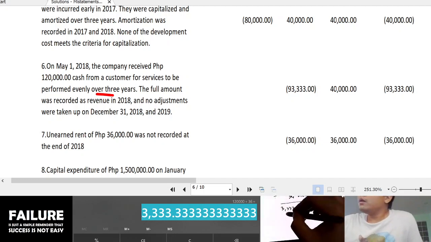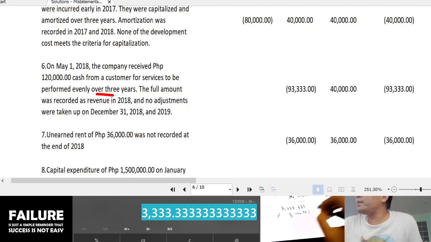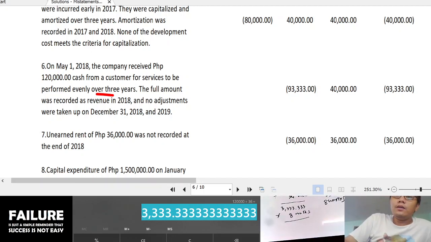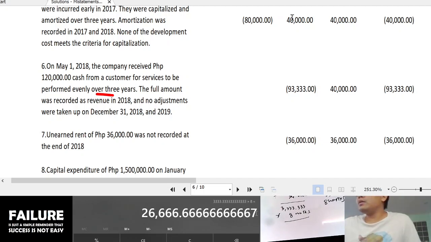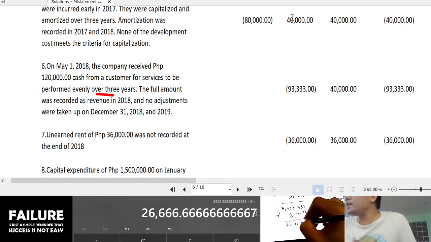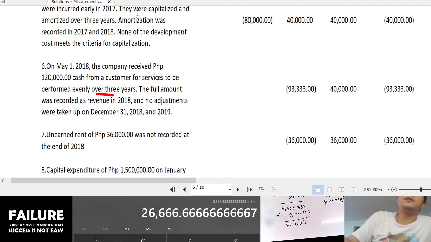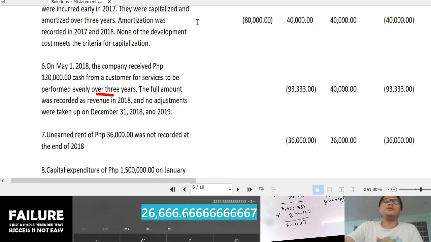So, 3,333 times 8 months, ang revenue mo dapat sana in 2018 is that, yung monthly mo multiplied by 8 months. So, dapat 26,666.67 lang sana, or 26,667 if you round it off.